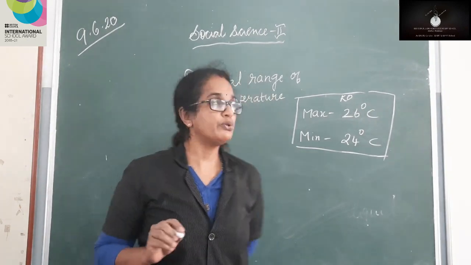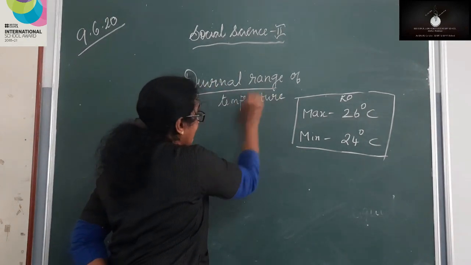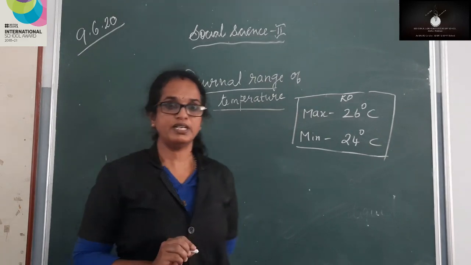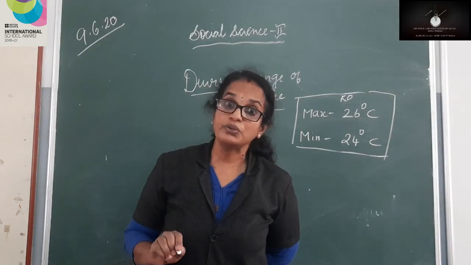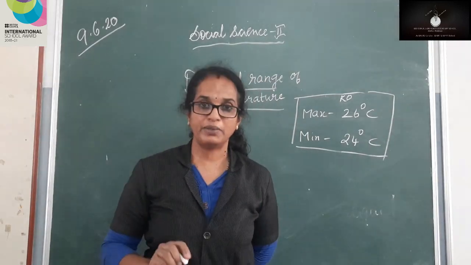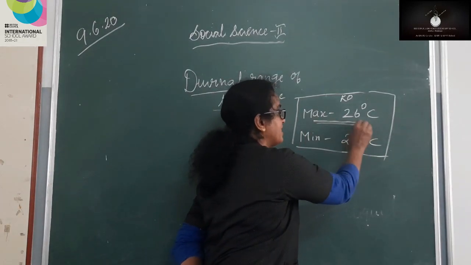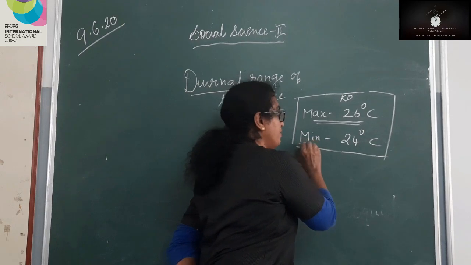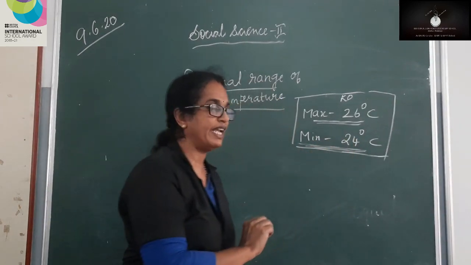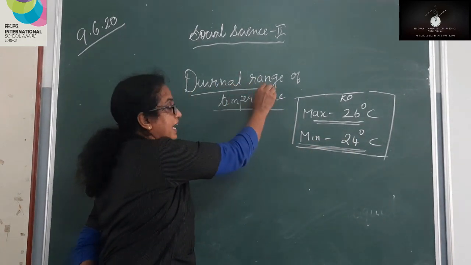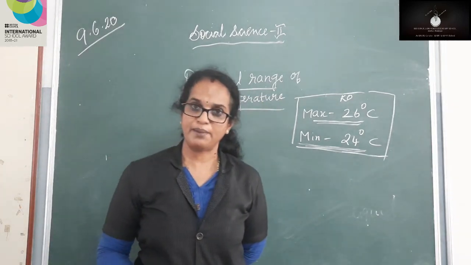Now, in order to get this diurnal range of temperature, we have to know the difference. That means the difference between the maximum temperature of a day and the minimum temperature of a day is called the diurnal range of temperature.